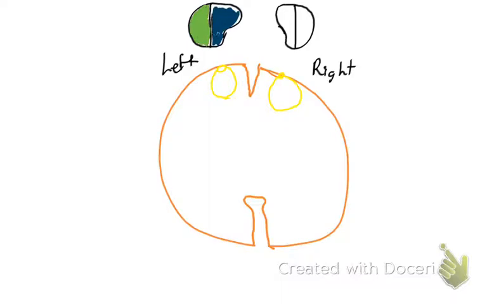Then on the right side, the dark blue is going to be, instead of the medial part, on the lateral. Got it? And then we come back again to green, but now the green on the right side is going to be medial. Got it?